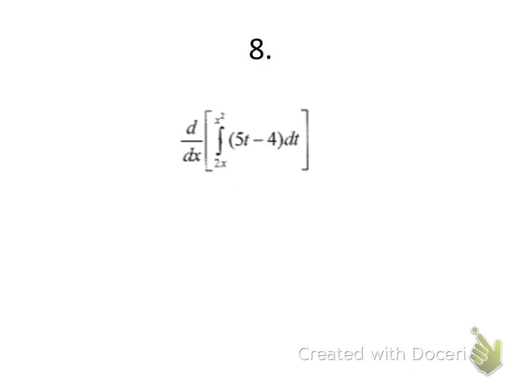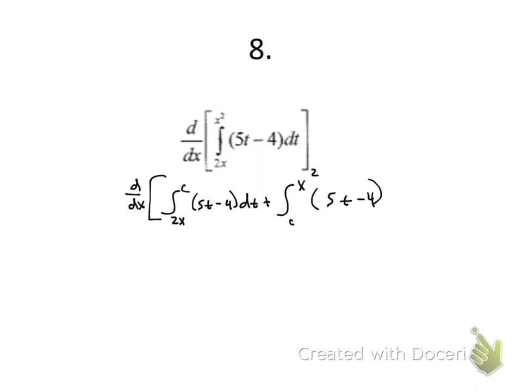I'm basically saying, well, the derivative, and then I'm going to go from 2x to c of 5t minus 4 dt plus from c, and c stands for a constant, to x squared of 5t minus 4 dt.